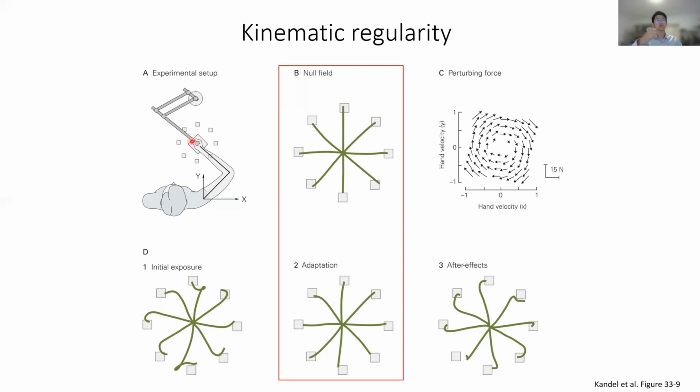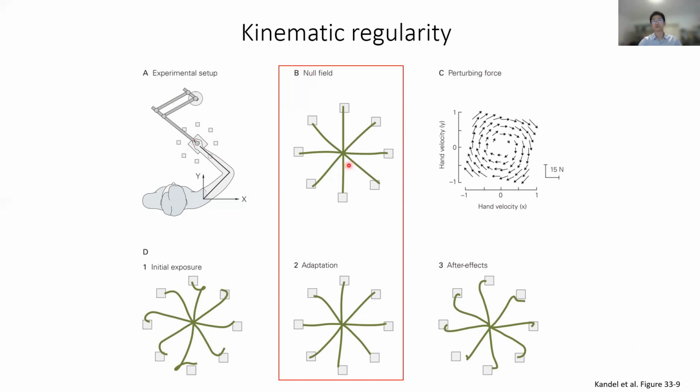So once you hold the handle, you can feel some disturbance on the hand. If there's no disturbance, so you just turn off all the motors, it's called a null field. That means there's no external force.